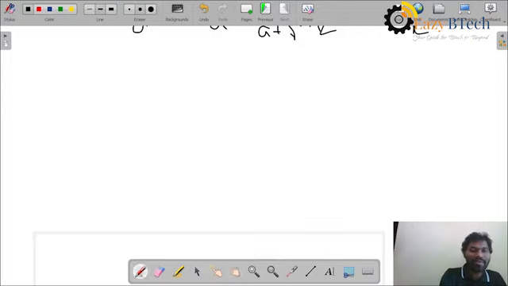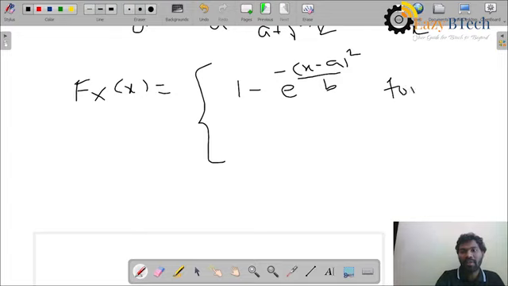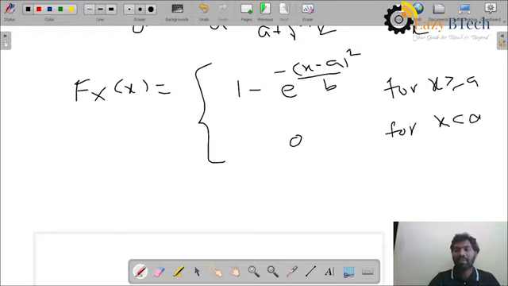Next one is the distribution function. The distribution function is represented like this: F_X(x) is equal to 1 minus e power minus (x − a)² by b for x greater than or equal to a, 0 for x less than a.